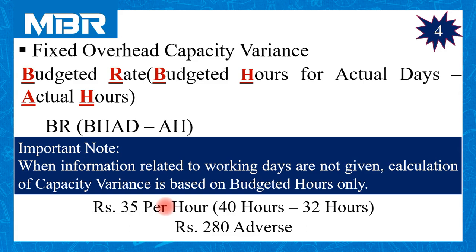So our budgeted hours are 40, and we have taken work from our employees for 32 hours only. So we had capacity to work for 40 hours, but actually we can exploit the work for 32 hours only. So there are 8 fewer hours compared to the requirement. So you can say our employees are less capable, or our factory or our production unit is less capable to work. So it is adverse 280.